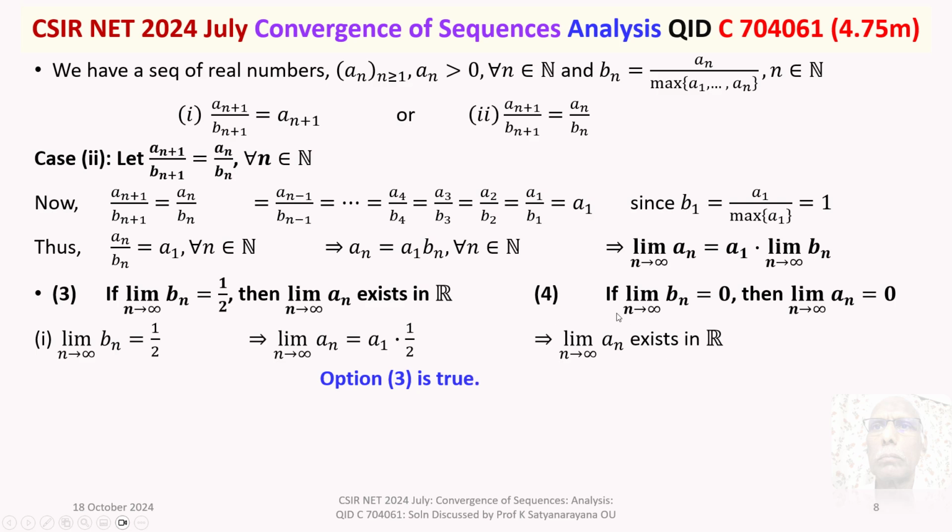Now go to option 4. If the limit of b_n as n tends to infinity is 0, then the limit of a_n is 0. Now the limit of b_n is 0 and the limit of a_n is equal to a1 times the limit of b_n. That is a1 into 0, which is 0. So the limit of a_n is 0. So if the limit of b_n as n tends to infinity is 0, then the limit of a_n is 0.